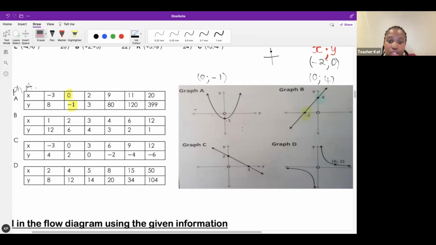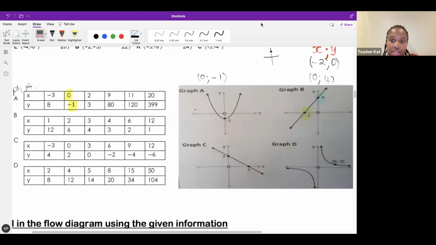If we do not have the exact points, does anyone have an idea of how we're going to figure out which graph matches with which table? By finding the formula, guys, the formula of the graph. And then from there on, we will substitute here and see if we get the correct answer.